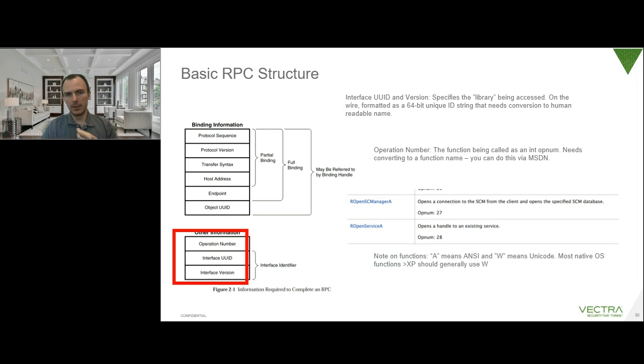Things that you'll see here as well is a number of these calls are actually appended with either an A or a W. If you're looking at the traffic, you'll see this in the UI as well. Really what that just means is, A stands for ANSI, W means Unicode.